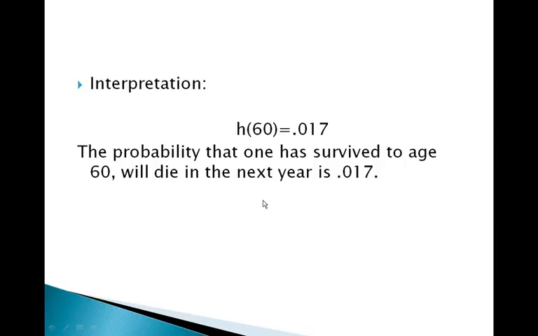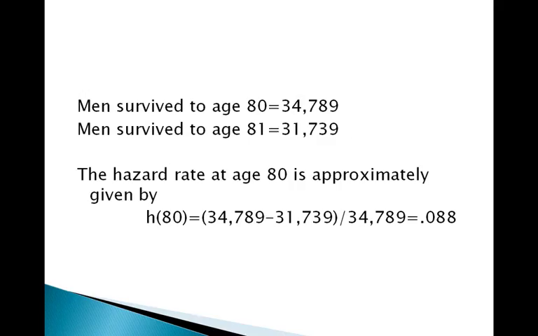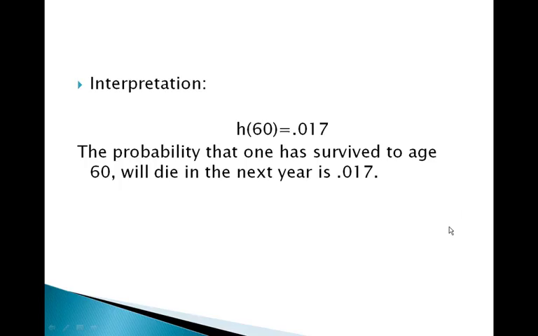The interpretation for the hazard at 60 is that the probability that one has survived to age 60 but will die within the next year is 0.017. You could do the same basic interpretation for those at age 80 with the 0.088.